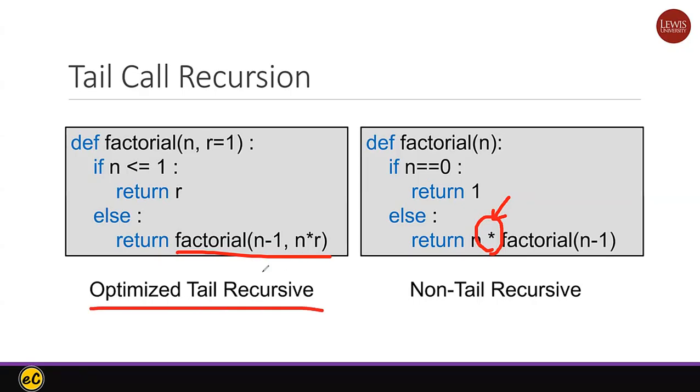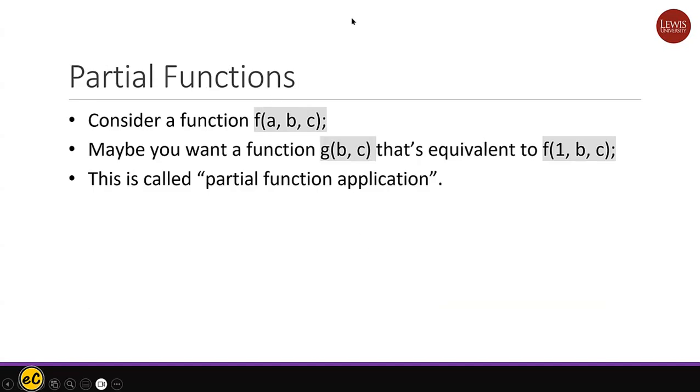A tail recursive call will have the advantage of being optimized by the compiler. Okay, partial function. Partial function is that you have a function, originally with 3 parameters. Now you create a new function where you fix 1 parameter, leaving 2 variables.